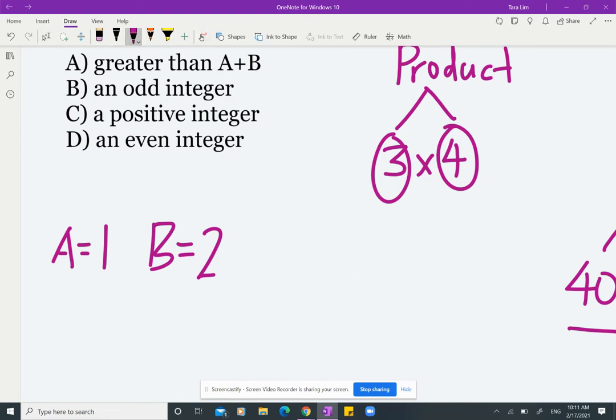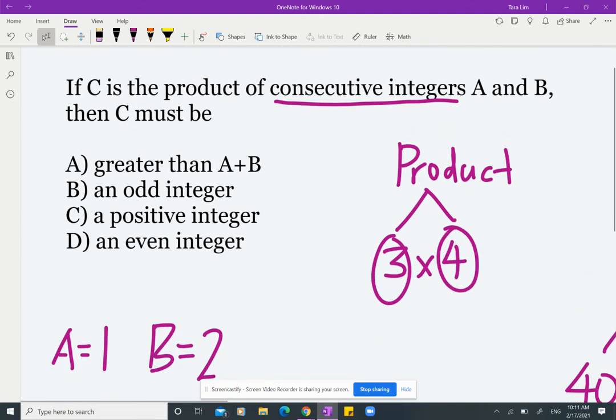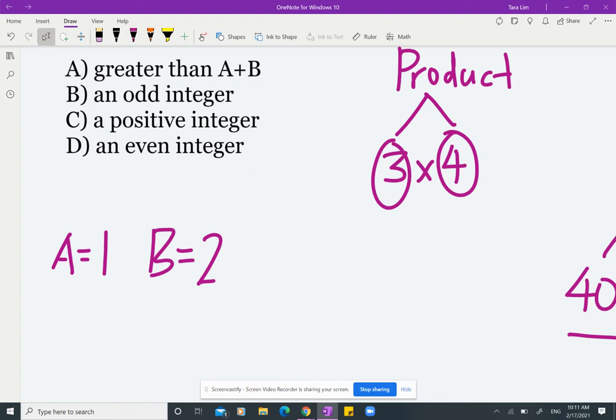If A is 1 and B is 2, that means, because we're calculating the product, 1 times 2 is 2.